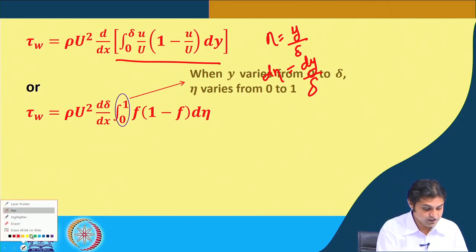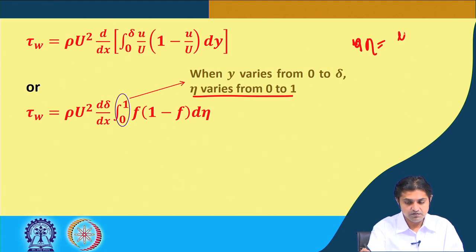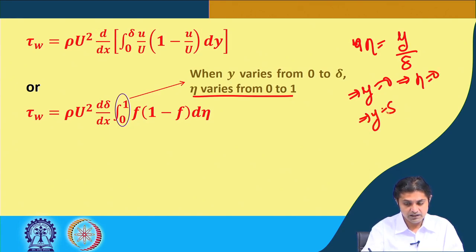So now the limit will change, because when y varies from 0 to delta, eta varies from 0 to 1. When y is equal to 0, eta is equal to 0, and when y is equal to delta, eta is equal to 1. So this limit will change, okay, as shown.